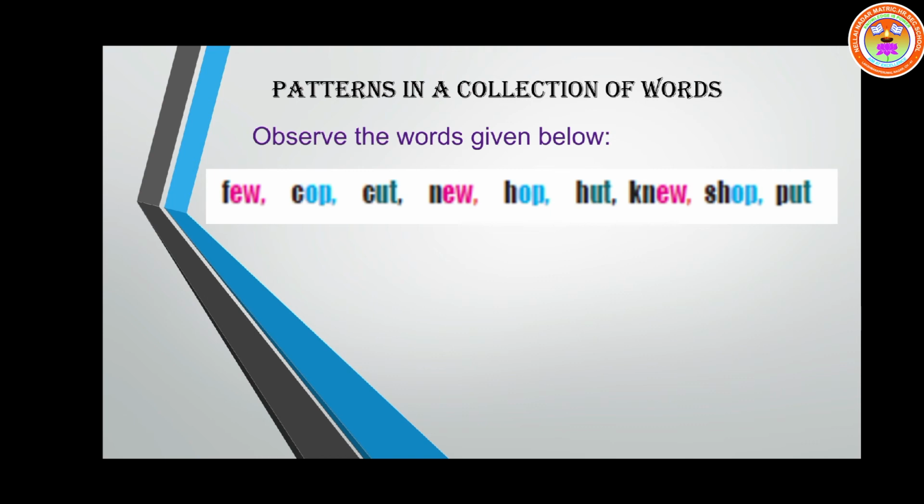So few, for that, new. Cop, hop. Cut, hut. So this is the second pattern. The next pattern for few is new, for cop you can have shop, and for cut, put. So E-W, O-P, U-T, these words follow a pattern.